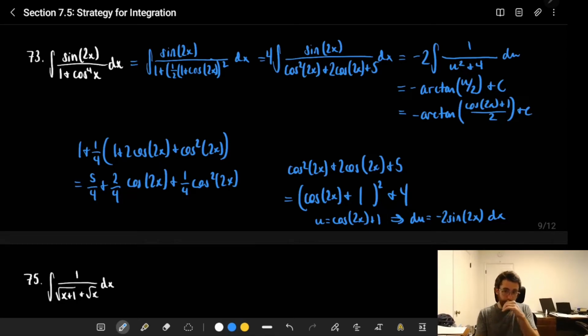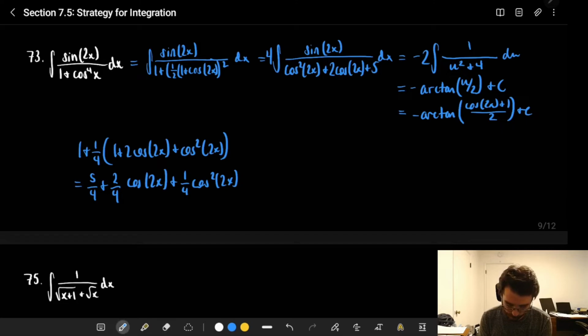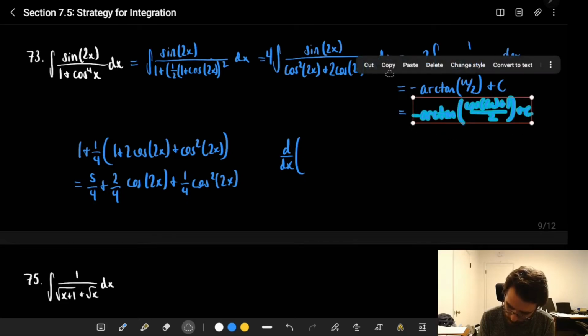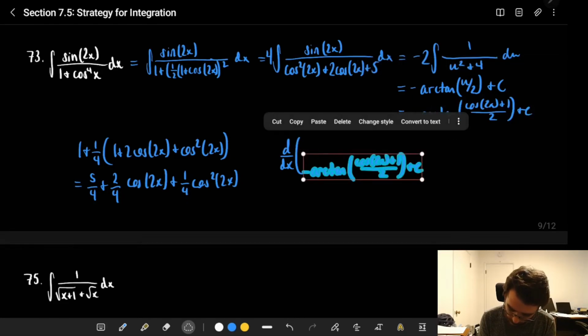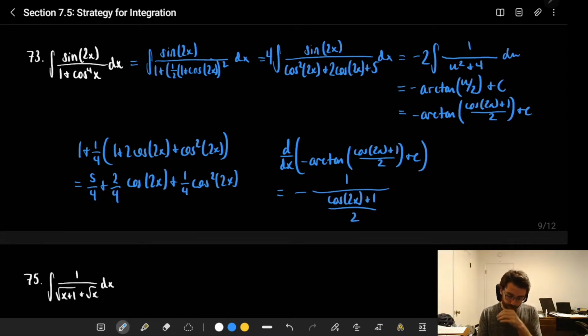This is worth checking with a derivative calculation, because that was truly absurd. Derivative of this thing. Well, derivative of arctan with the negative out front will be 1 over this thing that's inside of it times the derivative of that thing, and the derivative of that is 1/2.